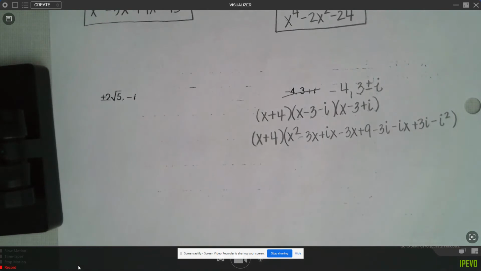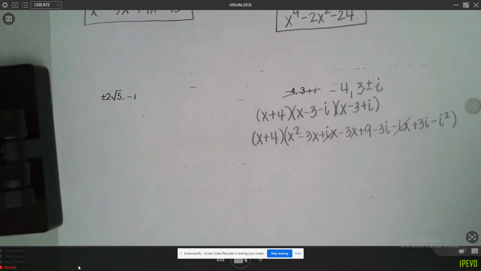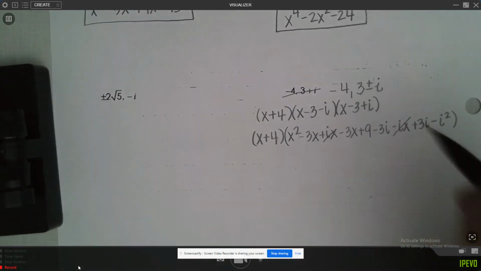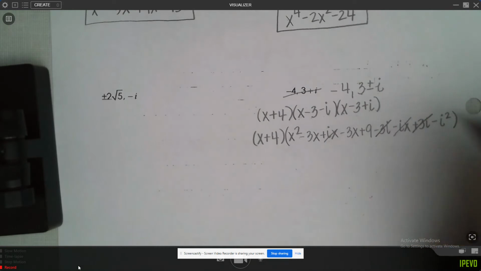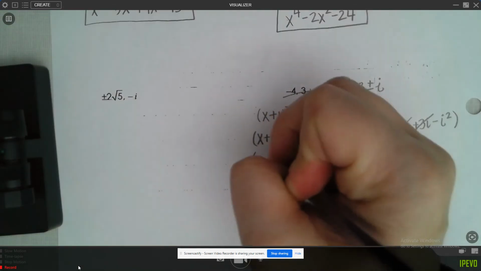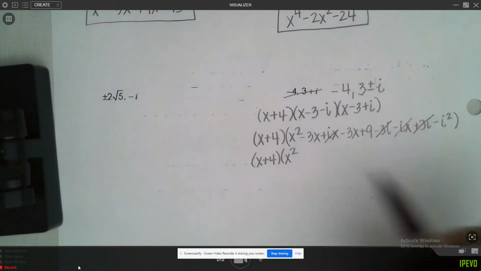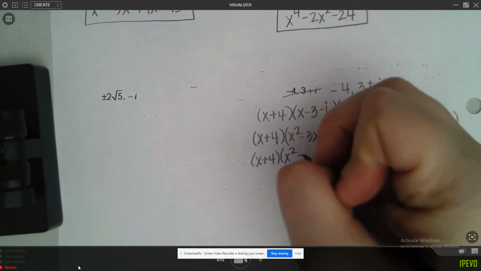Yeah, it gets to be a lot, but just remember, anything with an i should what? Cancel. I have a positive ix and a negative ix. I have a negative 3i and a positive 3i. I said anything with an i should cancel. So this becomes x squared, negative 3x, so negative 6x.